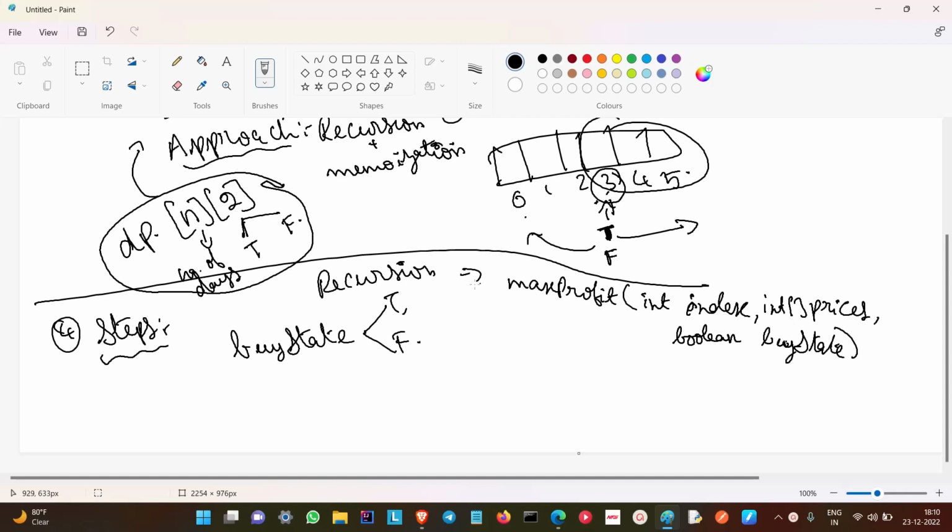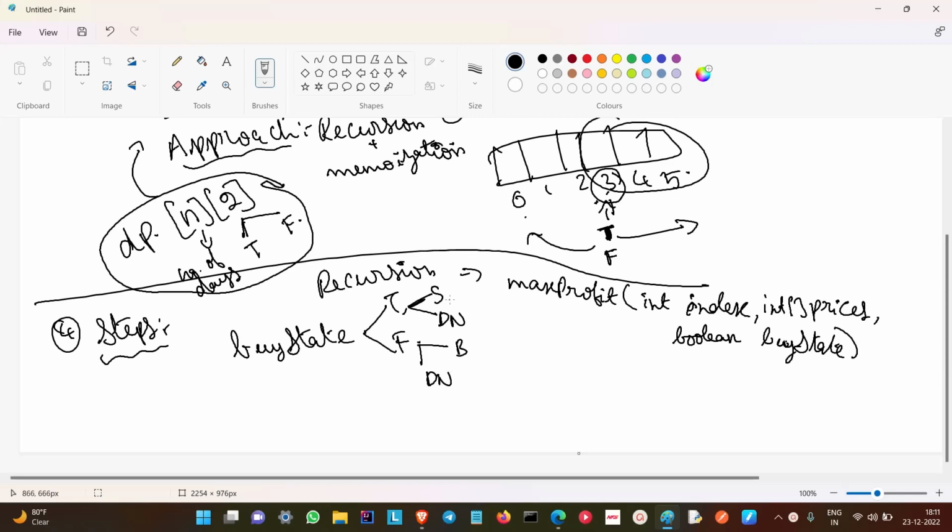So this is the function, and if the buy state is true, we can perform two operations, like sell or do nothing. And if the buy state is false, we can perform two operations, like buy or do nothing.